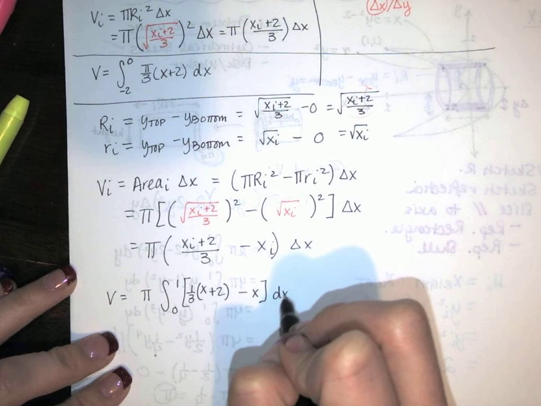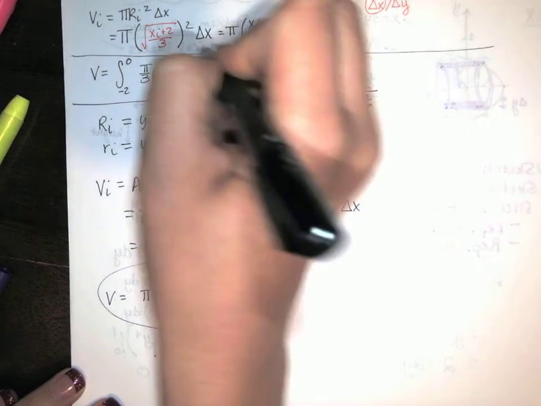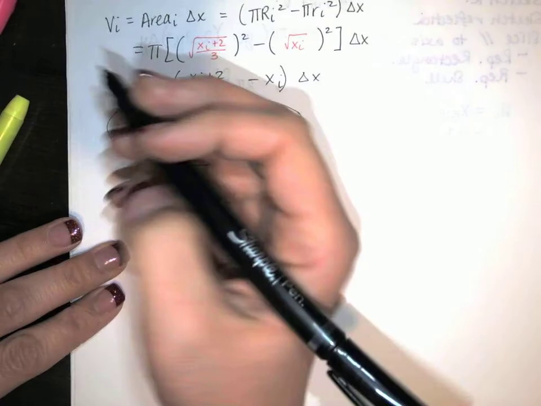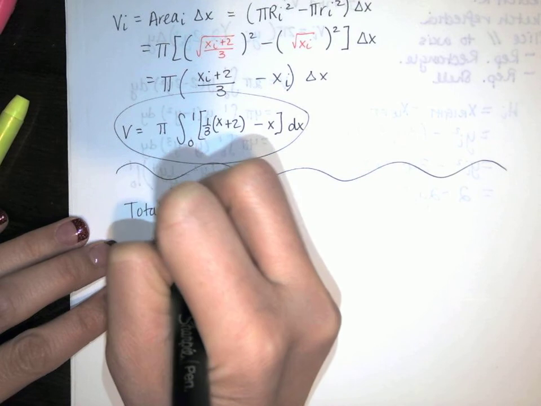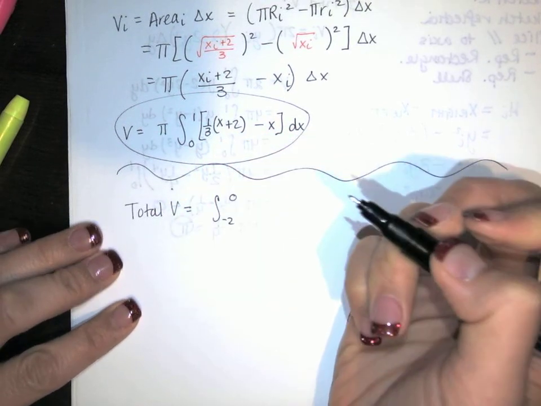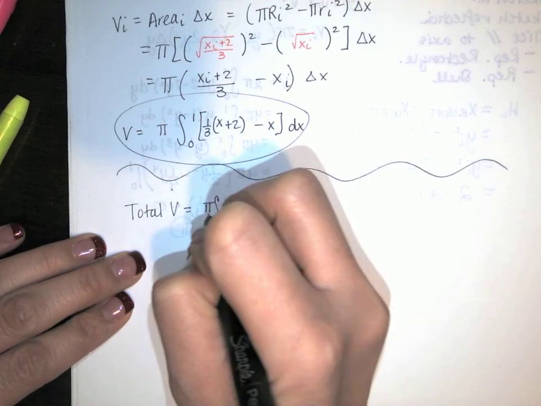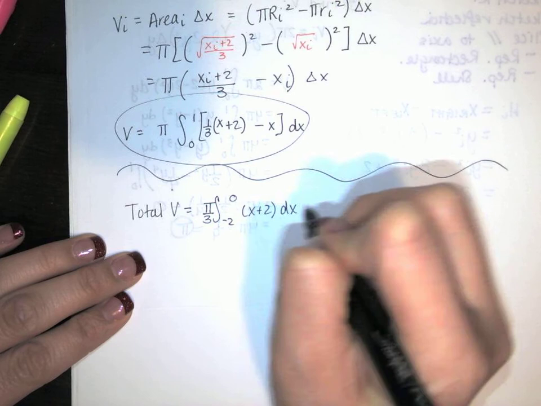You want to integrate that with respect to x. Whew! So I need to take that and add them together. Hopefully we get pi. So total volume is the integral from -2 to 0 of pi over 3 times x plus 2 dx.